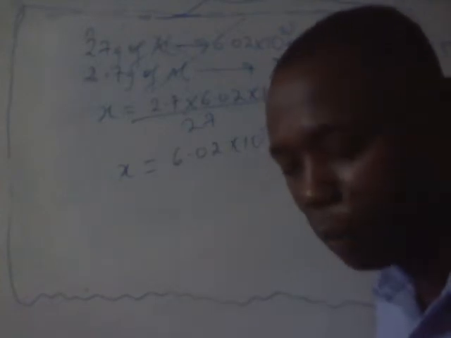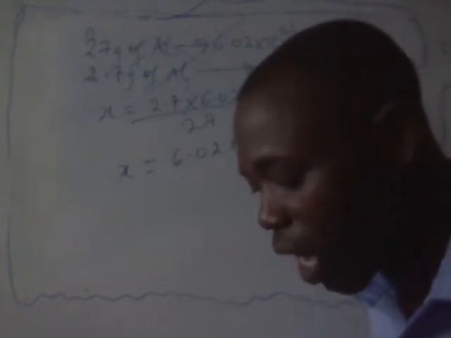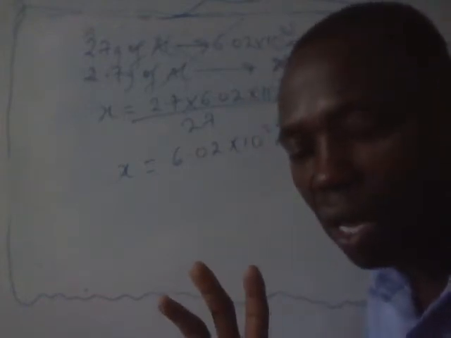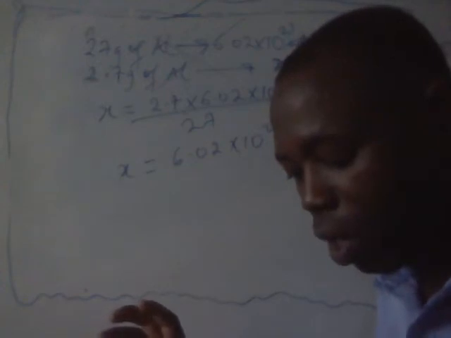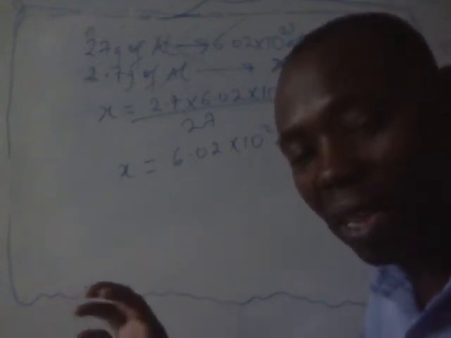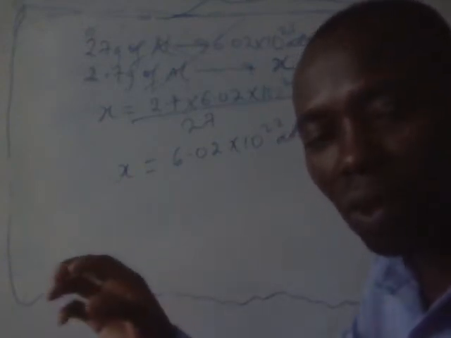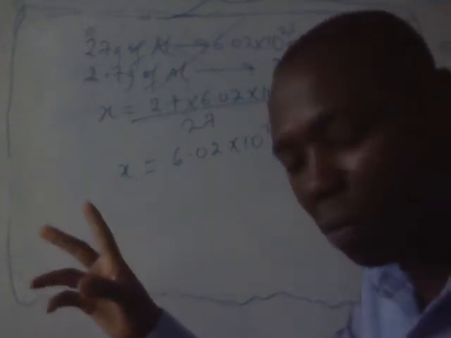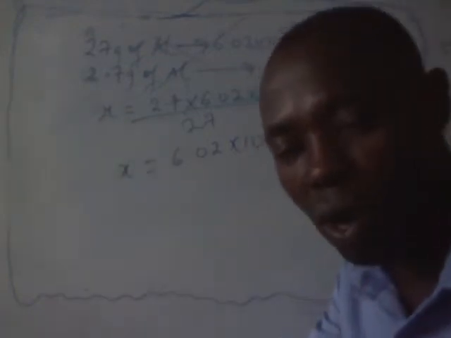Number 11. Which of the following elements is diatomic? The prefix di means two. An element that has two atoms on a macroscopic scale.